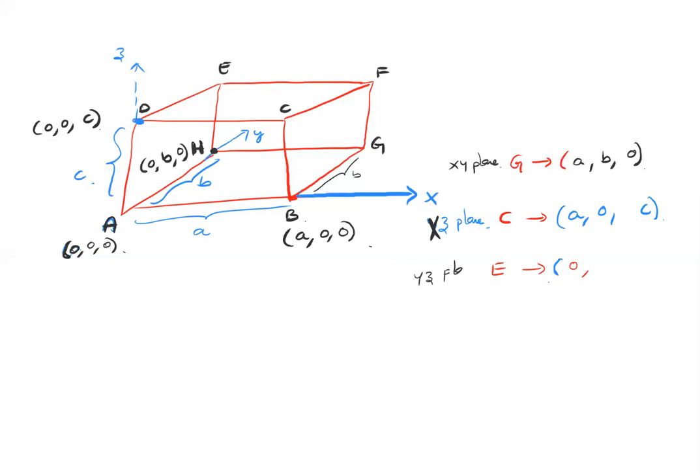Your point E is at a distance of c from the y axis, so 0, b, c. In the yz plane, your y coordinate is b and z coordinate is c. And coming to your last point, F, it is a, b, c. So I have given coordinates of all the points. This is how you give the coordinates.